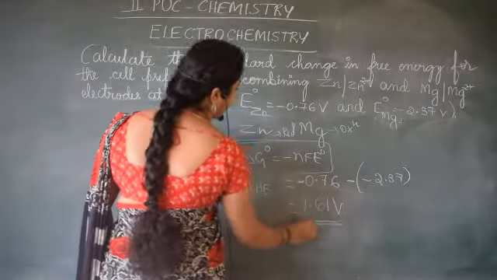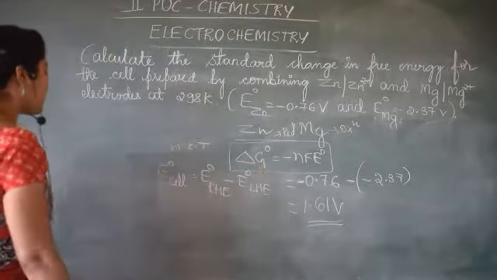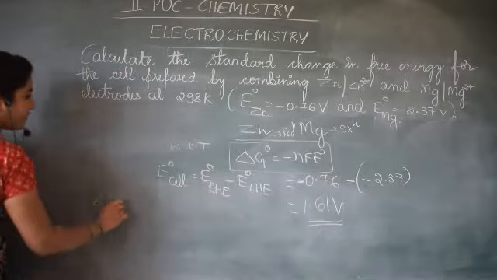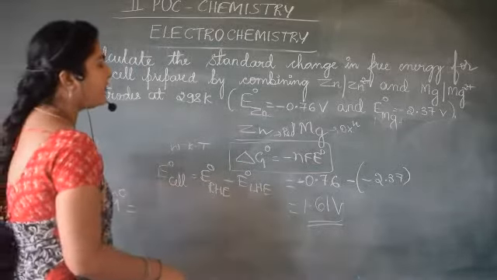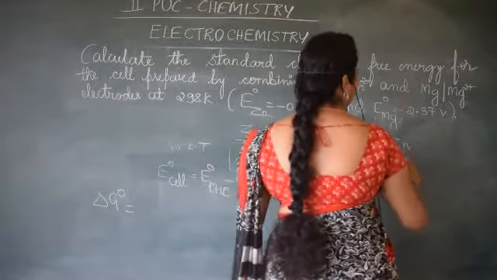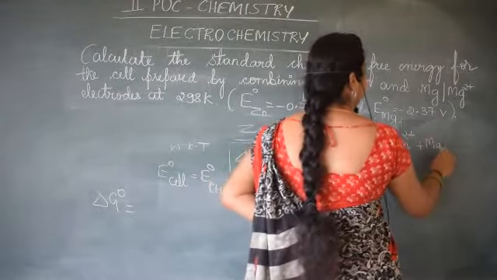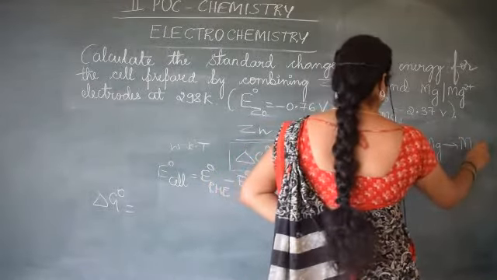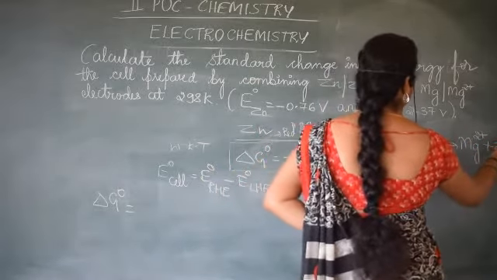This is the electrode potential, but we have to substitute it in the given formula. So delta G naught is equal to minus nFE naught. We will write the equation here: Zn2+ plus Mg gives Mg2+ plus Zn.